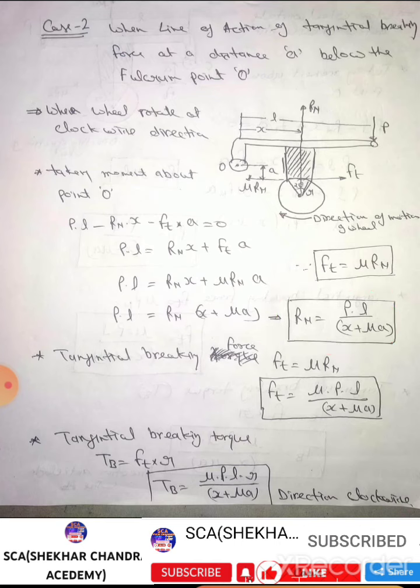So we can obtain tangential braking force as mu P L upon the whole of mu A plus X. Again, I repeat, tangential braking force Ft is equal to mu into P into L upon X plus mu A.